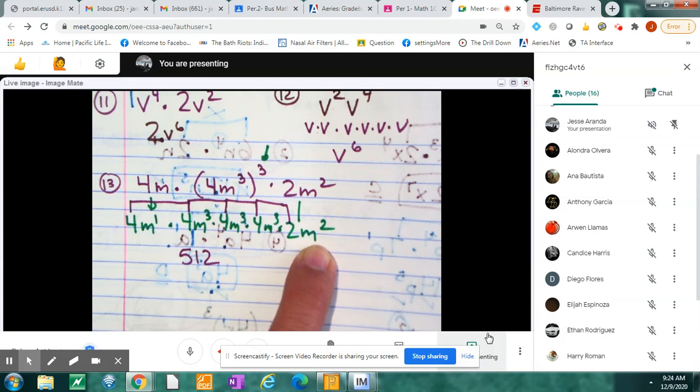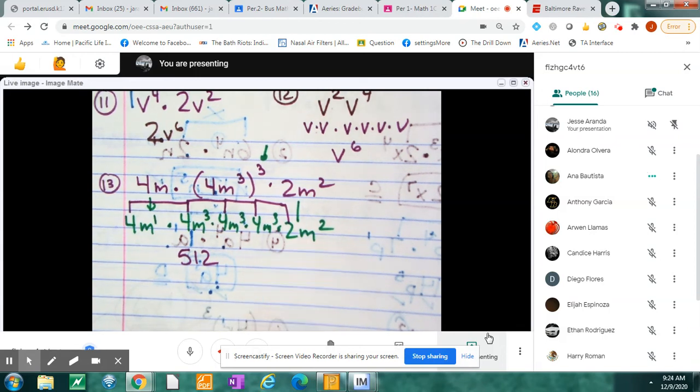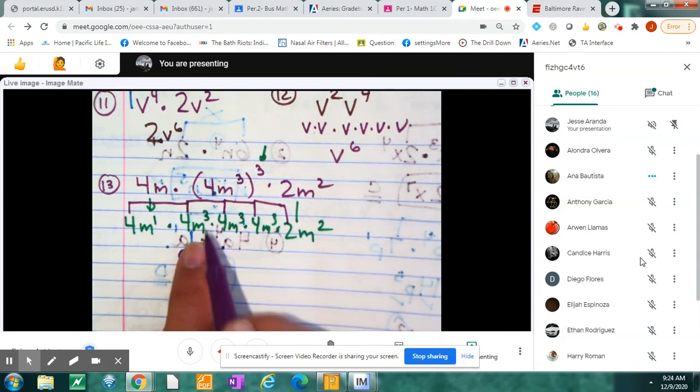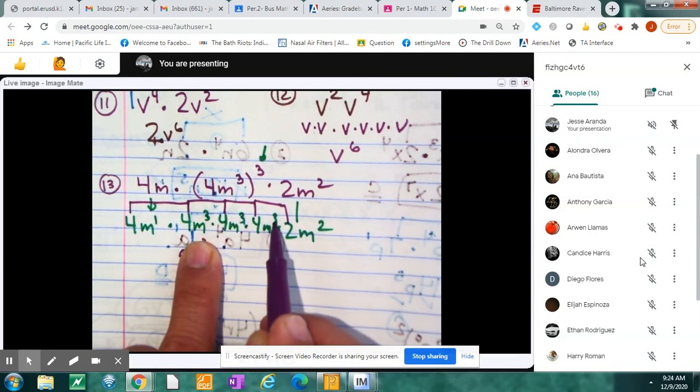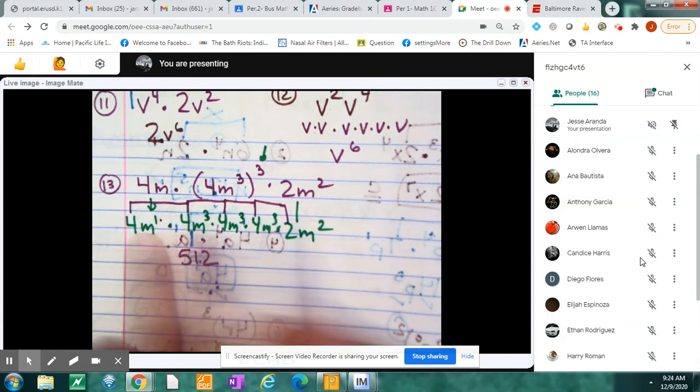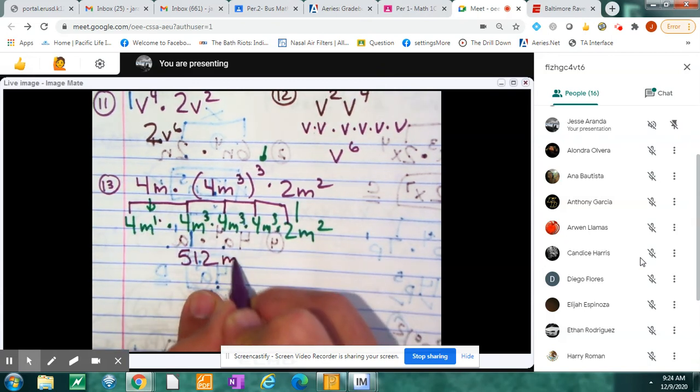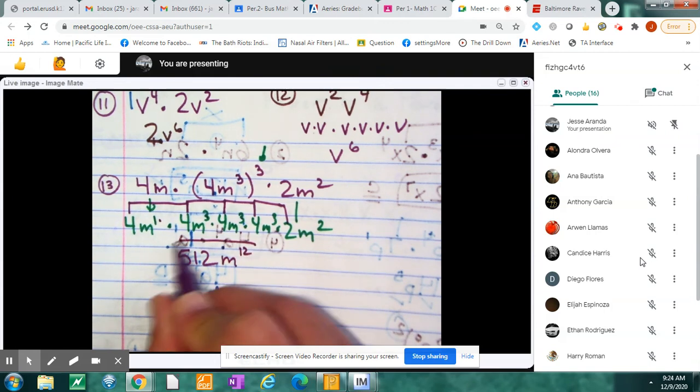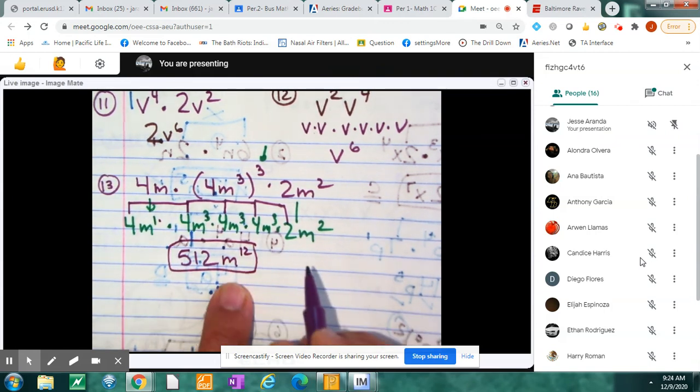Anna, how many M's do we have? 12. Let's see. 3 plus 3 plus 3 is 9. Plus 1 is 10. 11. Yes, 12. So M to 12. So all you did is added them, okay, with the exponent.